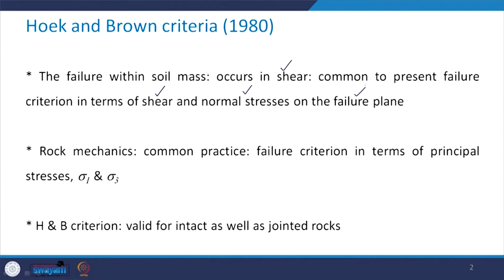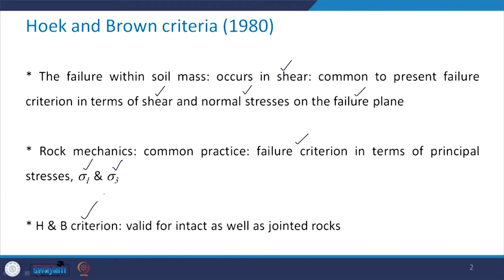But in rock mechanics, it is common practice to represent the failure criterion in terms of principal stresses, which are sigma 1 and sigma 3. It is the convention to represent the major principal stress by sigma 1 and the minor principal stress by sigma 3.